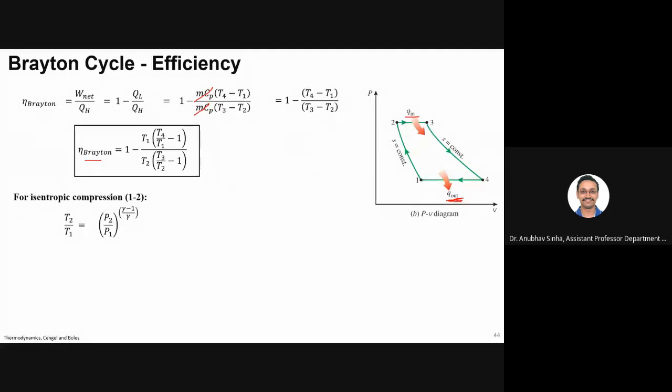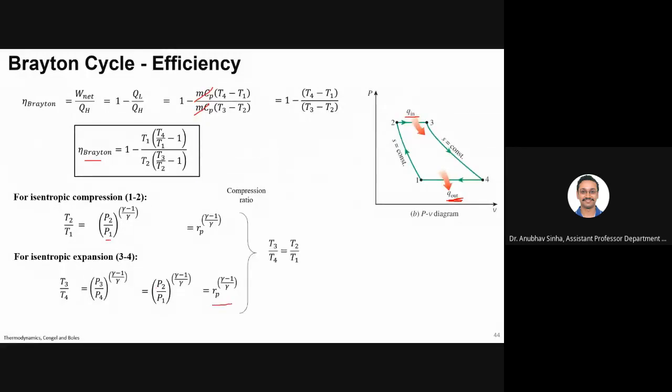For the isentropic process, we have a relation between temperature and pressure, which is equal to Rp to the power gamma minus 1 by gamma, where Rp is the pressure ratio or compression ratio. Similarly for process 3 to 4, we define the relation between temperature and pressure, and this is also the same, Rp to the power gamma minus 1 by gamma.